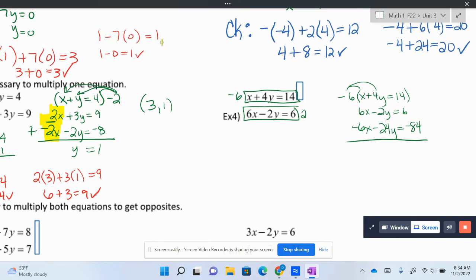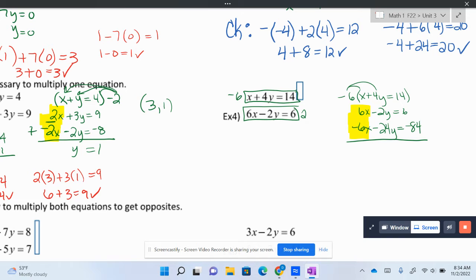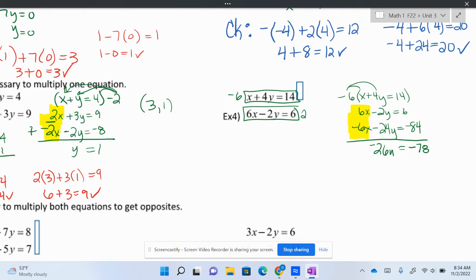So when I add these two together, I'm going to eliminate the x's. So let's see, a +6 and a -84 equal a -78. A -2 and a -24 equal a -26. So I have -26y equals -78.